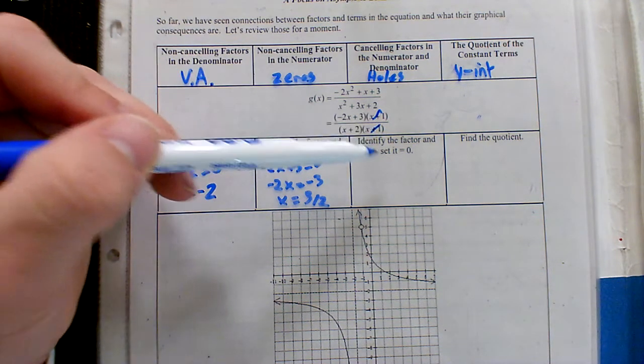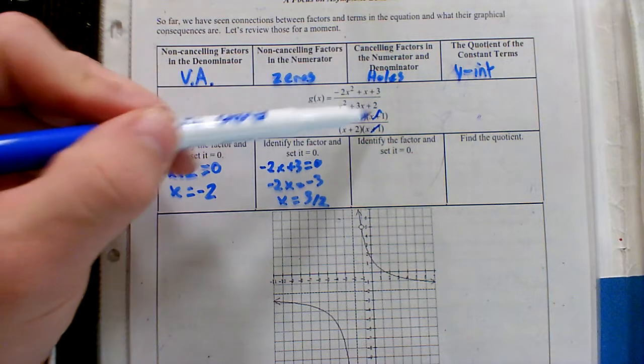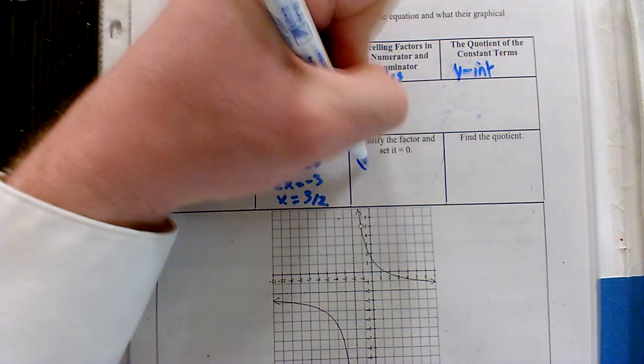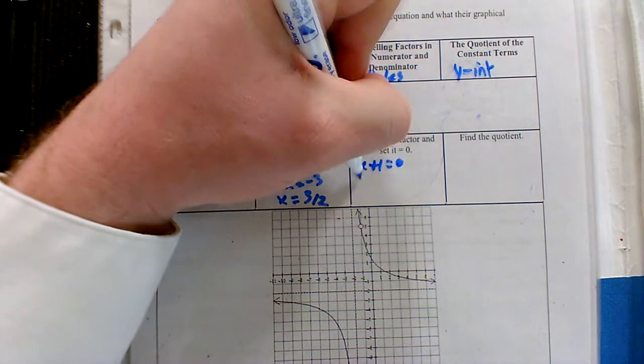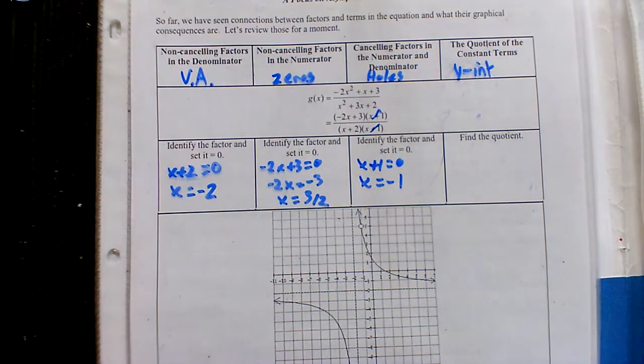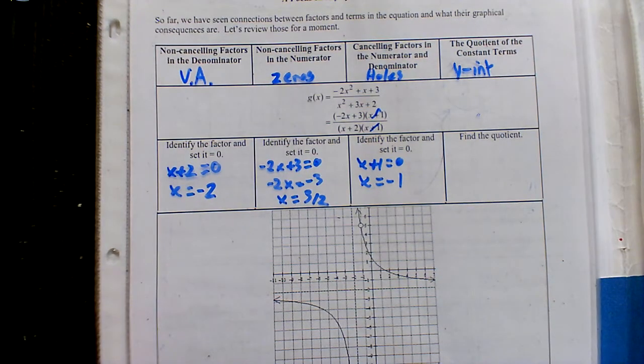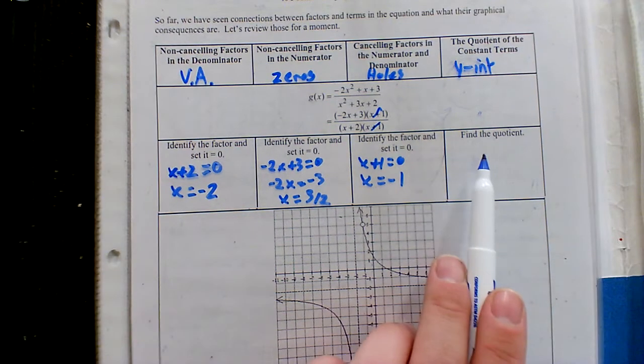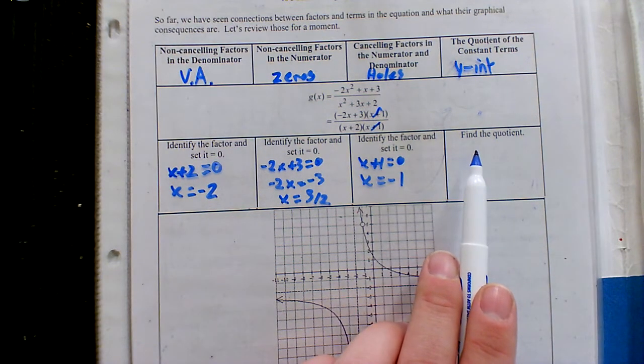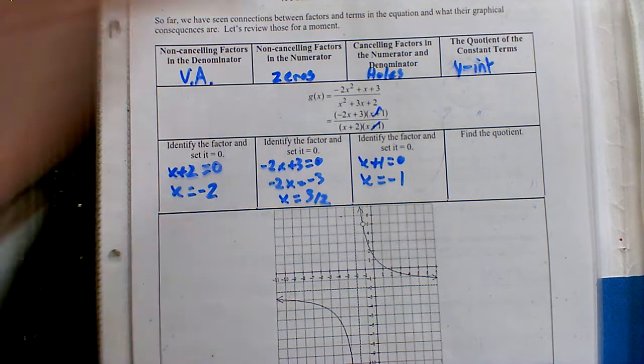Identify the factor and set it equal to 0 for the canceling one, well, that was the x plus 1. So x plus 1 equals 0, so x is equal to negative 1. And what is the quotient of the constant terms? It is 3 over 2.